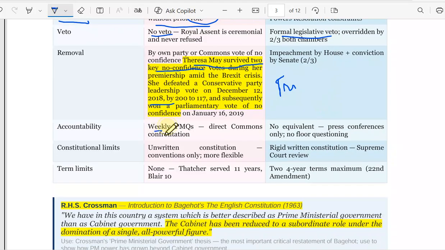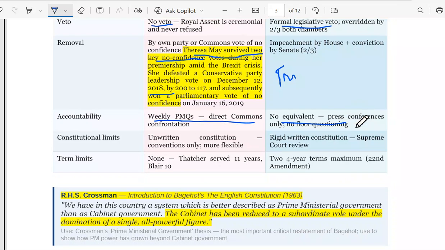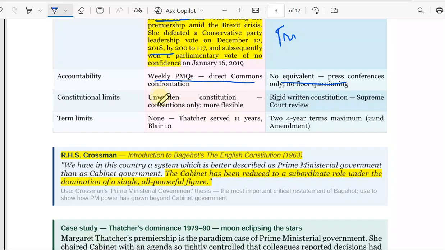Next, weekly Prime Minister's Questions are asked directly in the Commons, but there is no accountability like this in the US. But yes, a system of checks and balances is still present, but that's a different case. This constitution is unwritten.